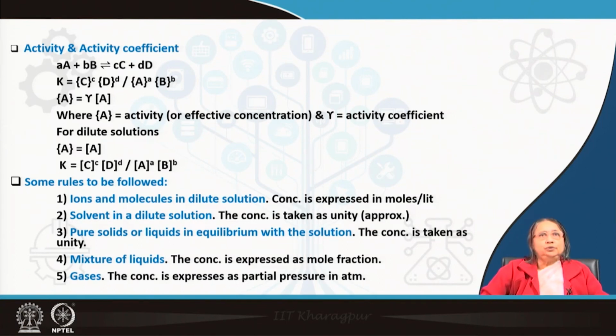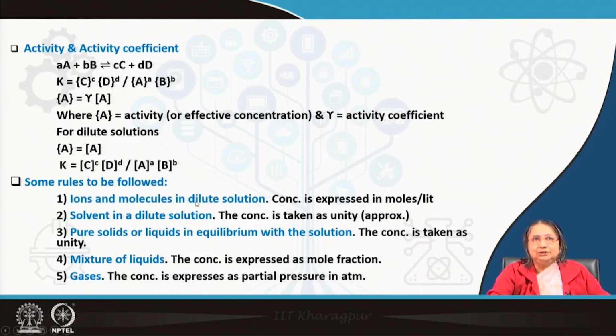Now, some rules are to be followed when you think about the equilibrium expression. What are the rules? In case of ions and molecules in dilute solution, concentration is expressed in moles per liter.